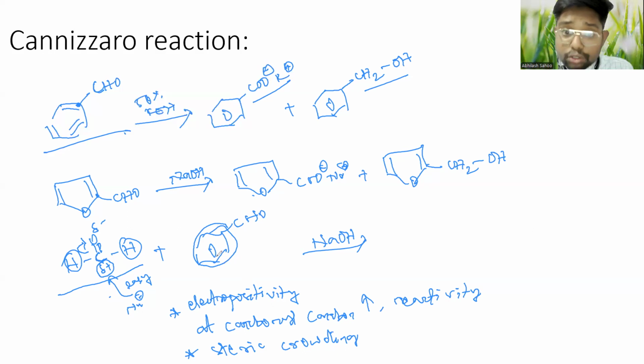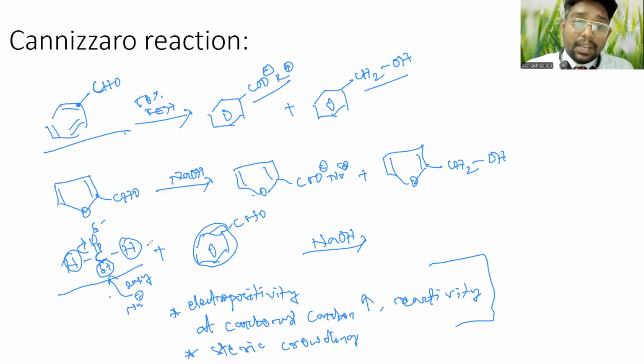So between these two, after combining both effects, we observe that formaldehyde is more reactive towards nucleophilic addition reaction. That means in the first step, OH minus will attack the carbonyl carbon which is more reactive towards nucleophilic addition reaction. Are you getting what I'm saying?